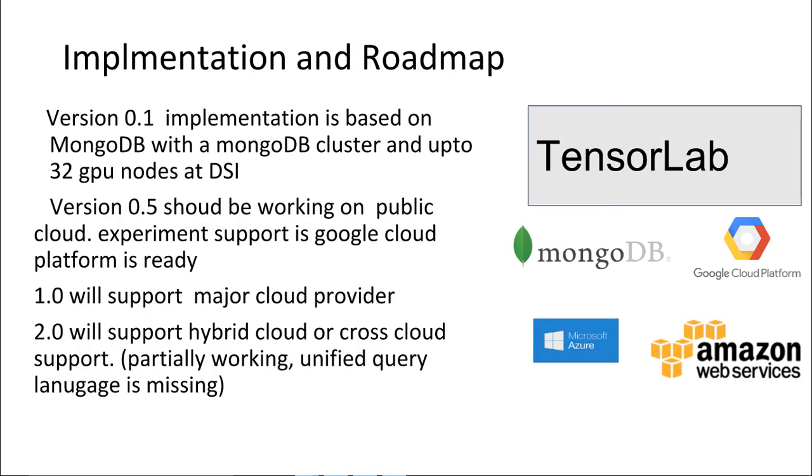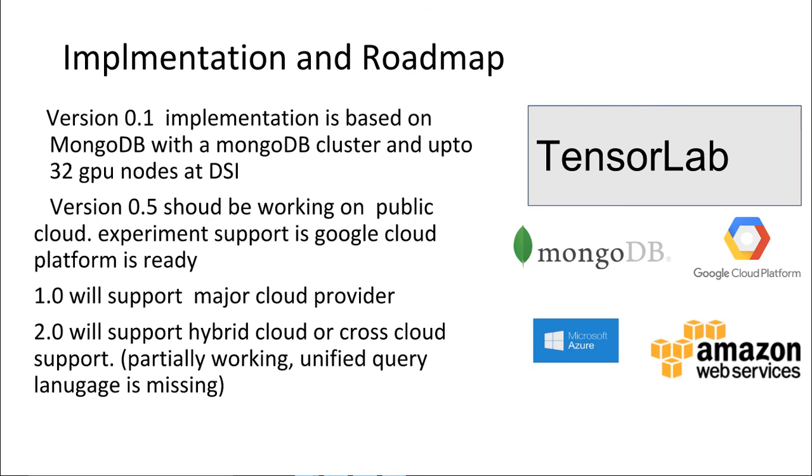The first implementation of the TensorLab system is based on MongoDB, with a MongoDB cluster as a storage system, and tested with up to 32 GPU nodes as computing nodes at the Data Science Institute. We are now working on the 0.50 version, which we try to make work on public cloud. Now, we have experimental support for the Google Cloud platform.